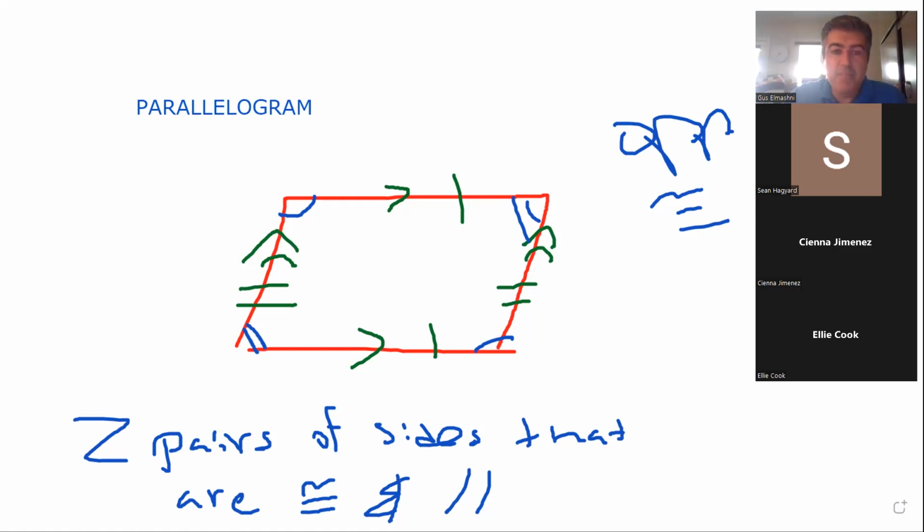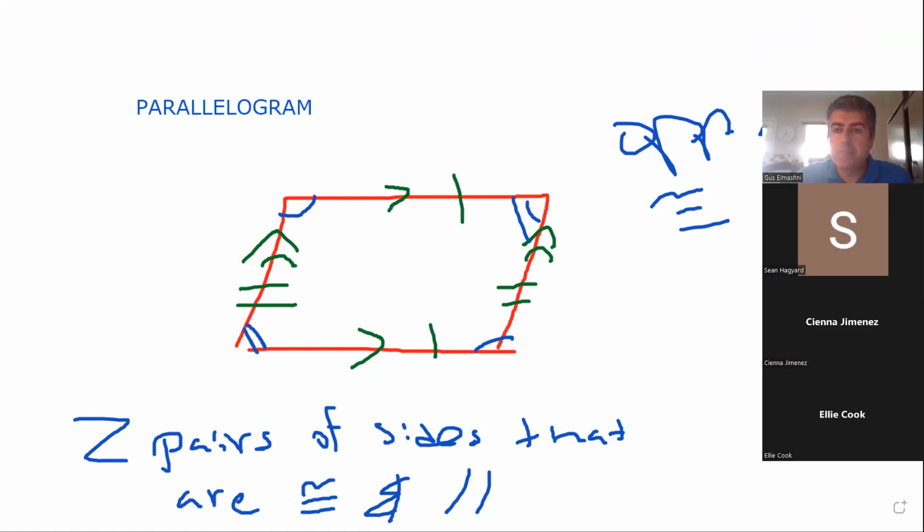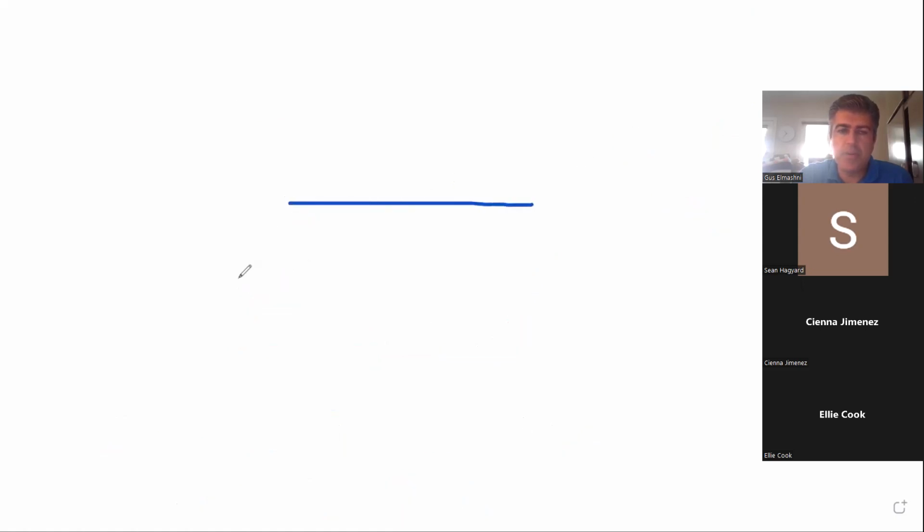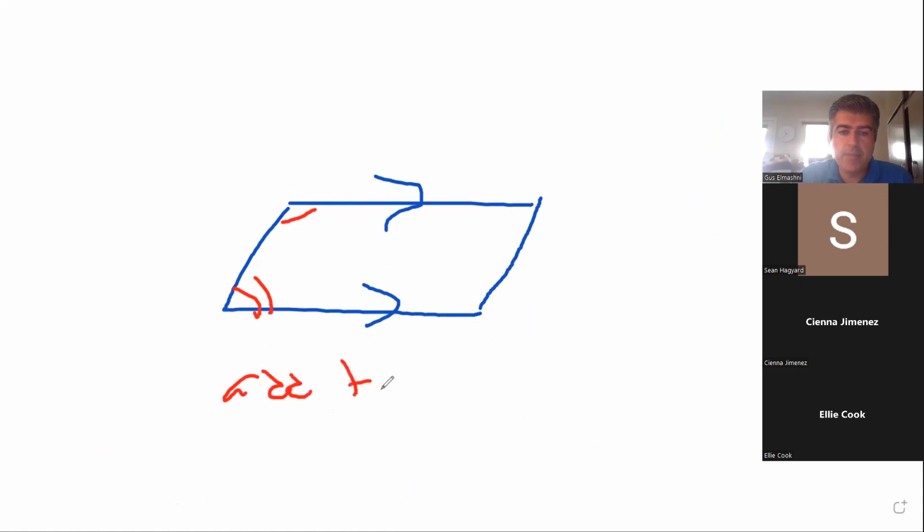So that's parallelogram. Okay, another thing too that they should realize about parallelograms is that these sides are parallel, obviously, right? These add to 180. Because after all, those are parallel lines, right?